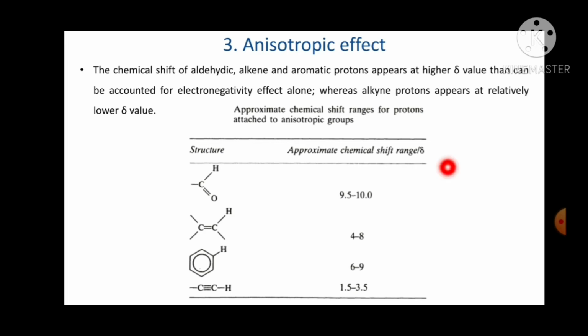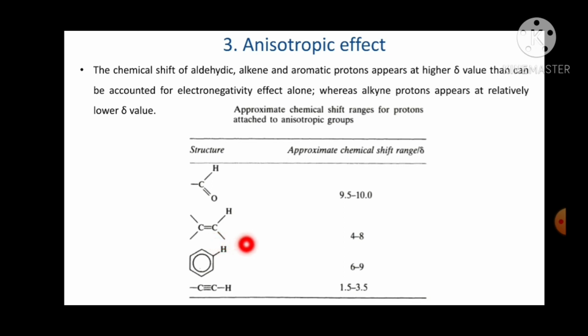Here we have represented some examples of different sets of molecules. The aldehydic protons have an approximate delta value from 9.5 to 10. Alkene protons, on a carbon-carbon double bond, usually appear between 4 and 8.